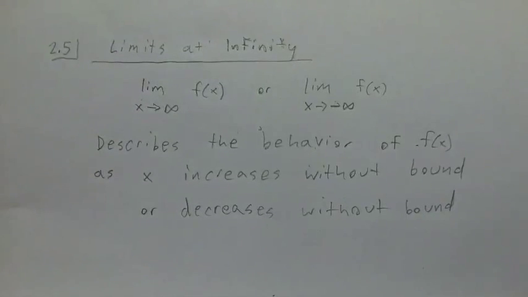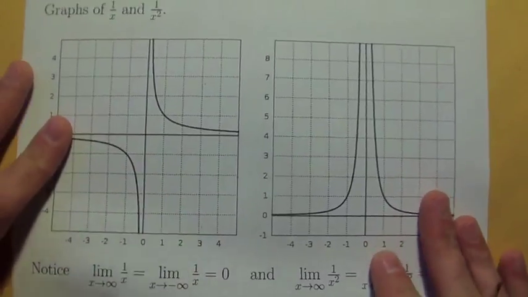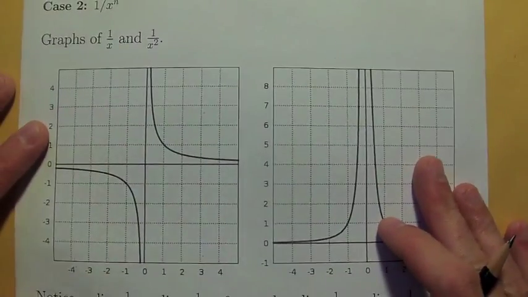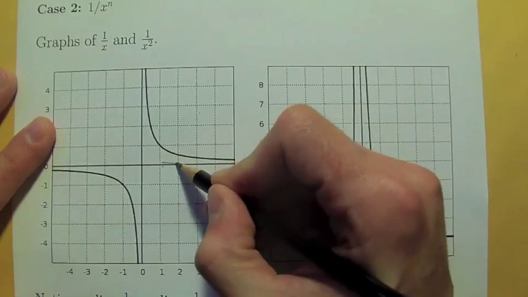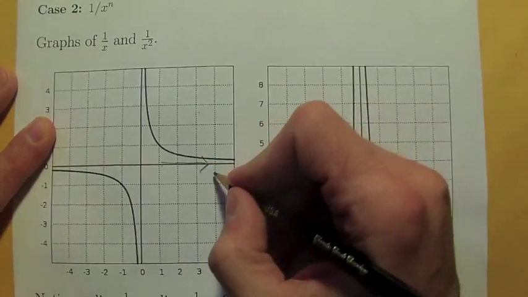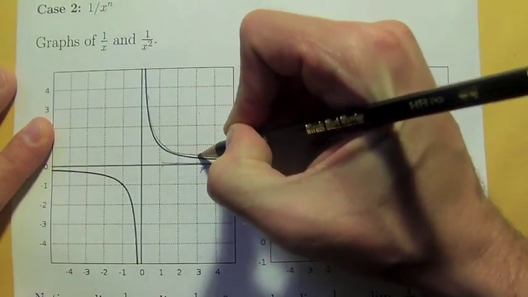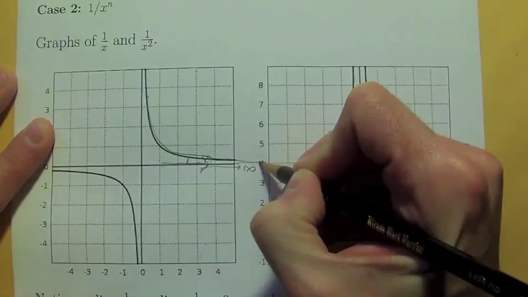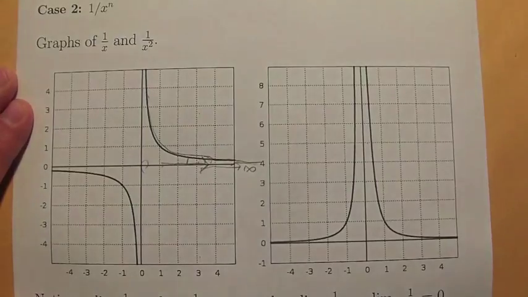So a prime example of this would be something like 1 over x, or 1 over x squared, like this graph shows here. Here's the graph of 1 over x, and as x increases without bound, in other words, as x goes out to infinity, we see that the function itself is getting closer and closer to 0.